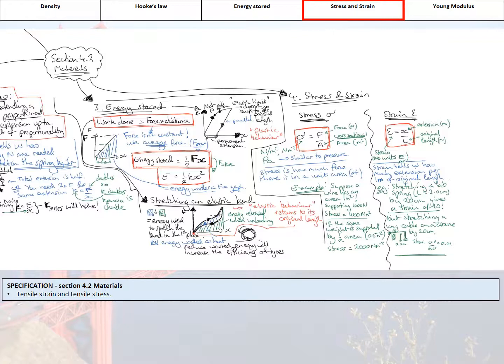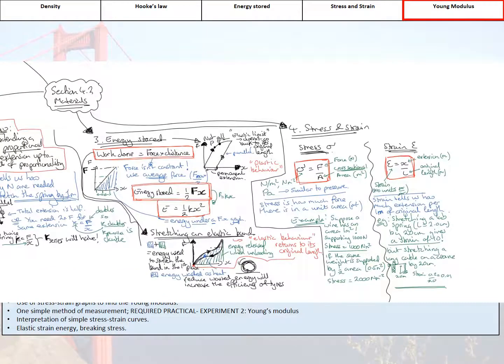Right, with that in mind, I think we better stop and move on to section 5, which is Young's modulus. So final section then is Young's modulus.